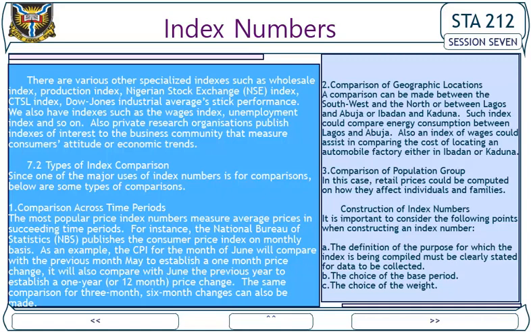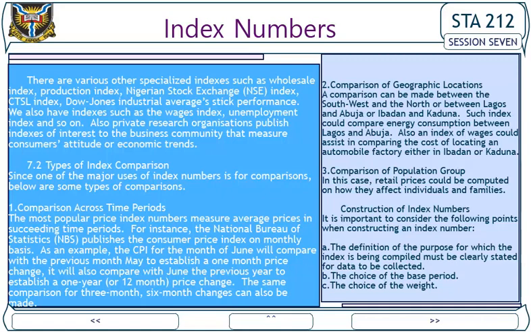As an example, the CPI for the month of June will compare with the previous month, May, to establish a 1-month price change. It will also compare with June the previous year to establish a 1-year or 12-month price change. The same comparison for 3-month, 6-month changes can also be made.